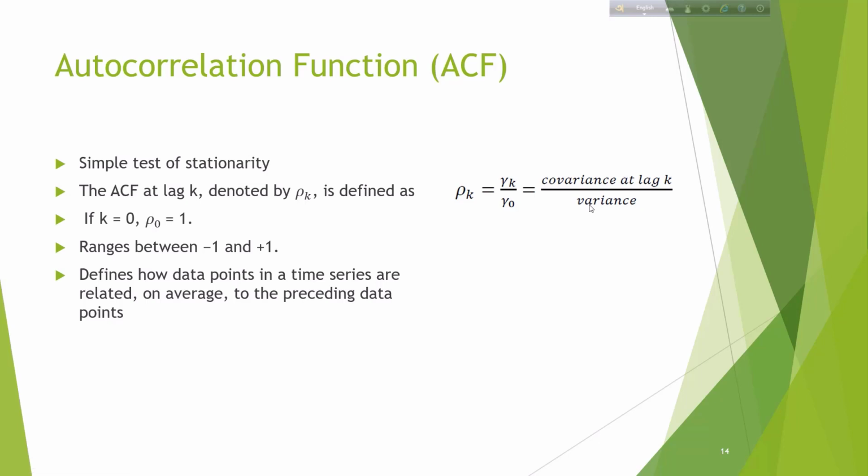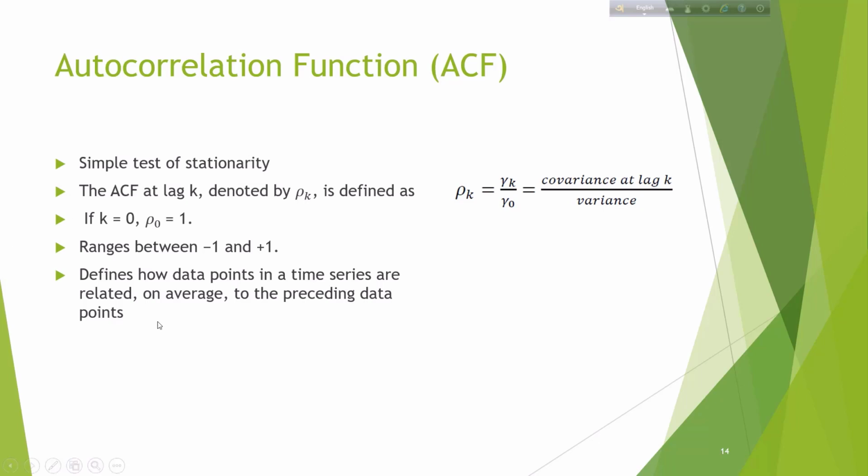Lag is nothing but the difference between time series observations. So if k is equal to 0, it means lag equals 0, then the value of the autocorrelation function will be 1. It means the highest value. The value of the autocorrelation function ranges between -1 and +1, as the correlation coefficient does.